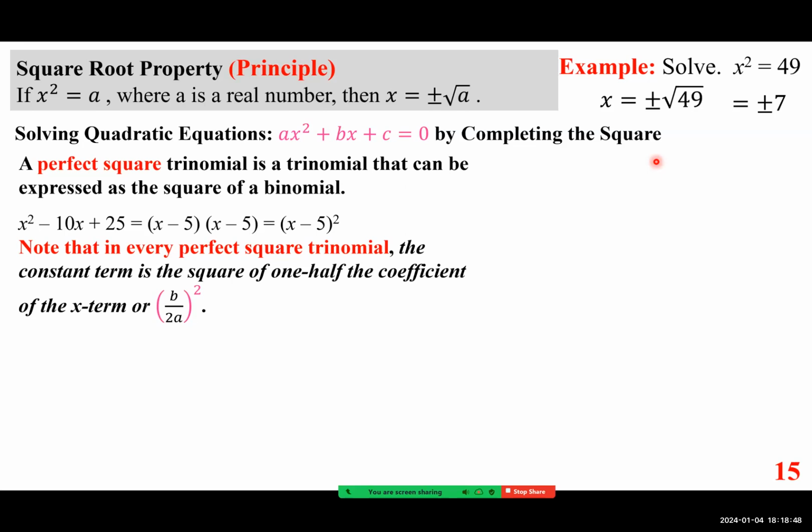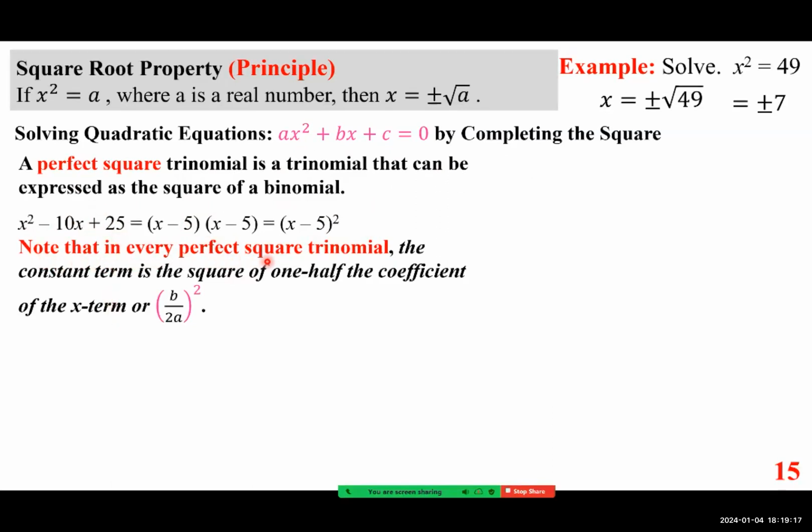So if it's ax squared plus bx plus c equal to 0, how do we handle it? A perfect square trinomial is a trinomial that can be expressed as the square of a binomial. An example is x squared minus 10x plus 25, which is (x minus 5) squared. Note that if you divide b, which is negative 10, by 2, it becomes negative 5, and squaring it gives you this one.